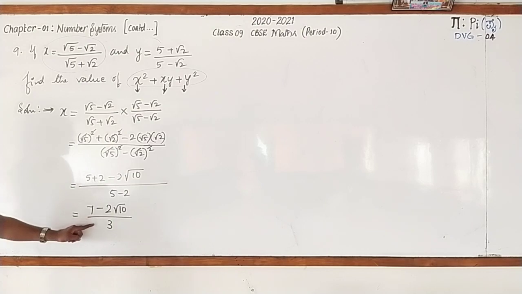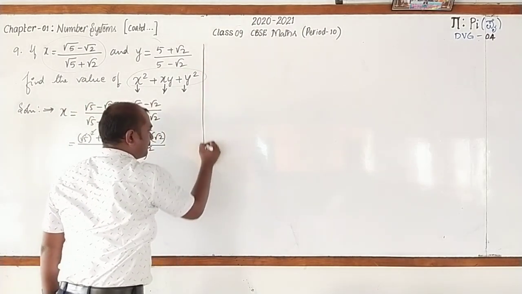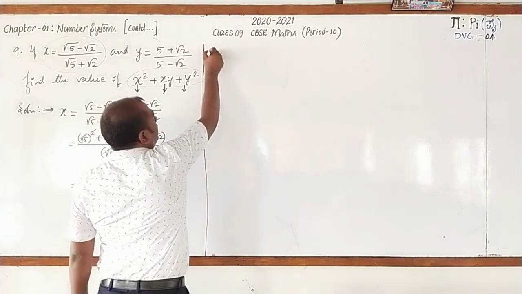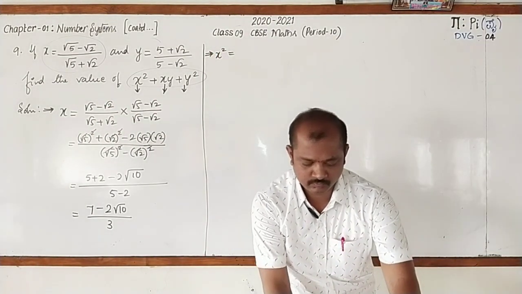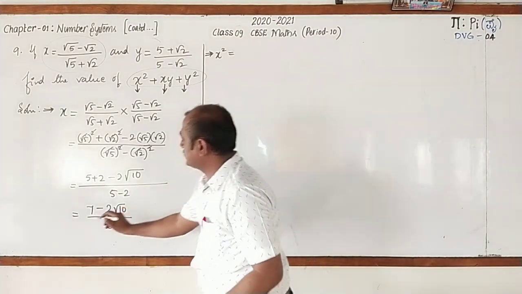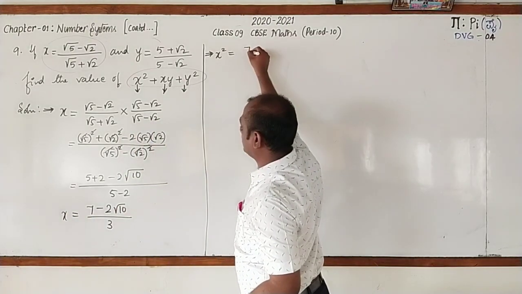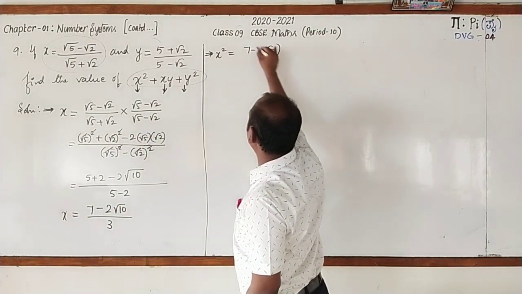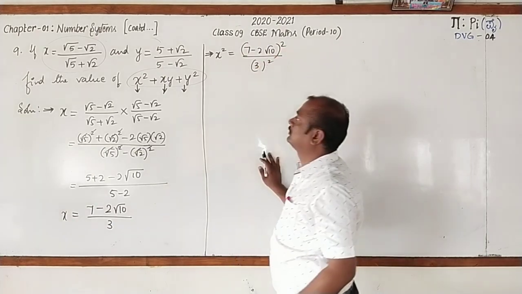Next, we want x square. This is x. Now we want x square. I go for finding that here. X square is equal to, here x is this much, x square 7 minus 2 root 10 whole square by 3 whole square.